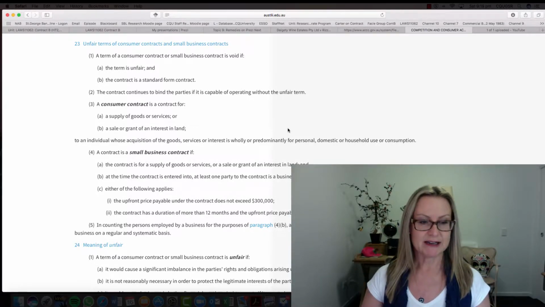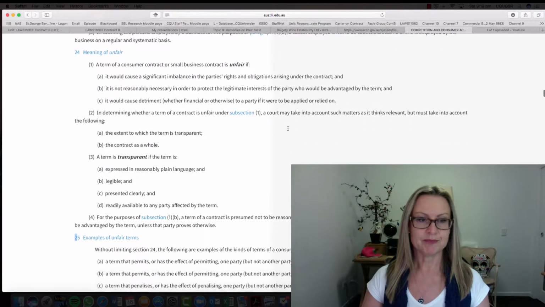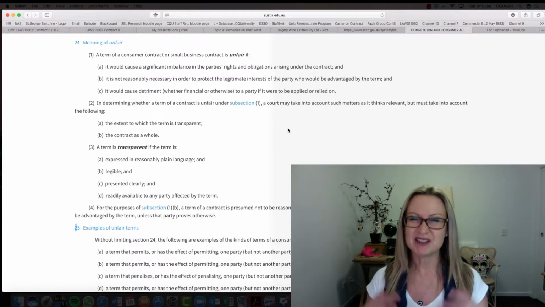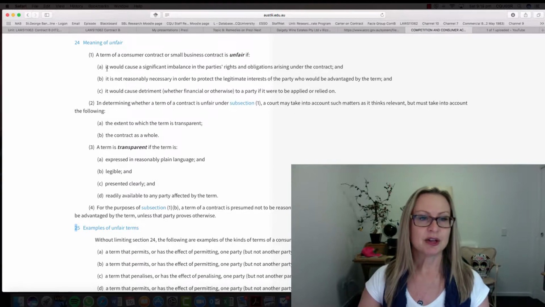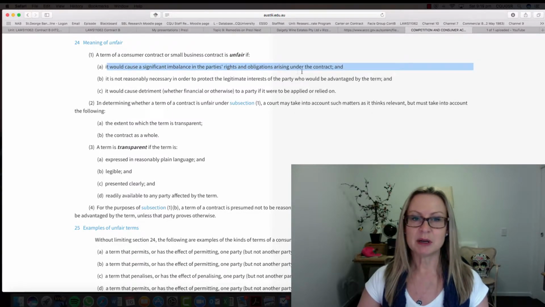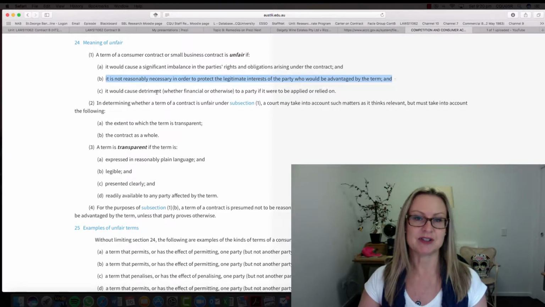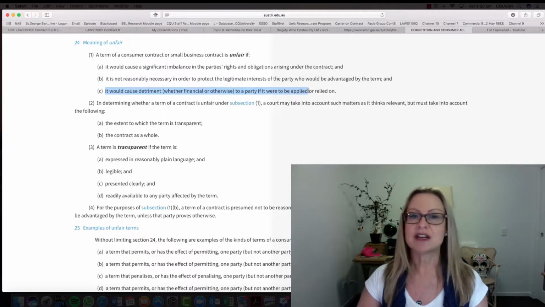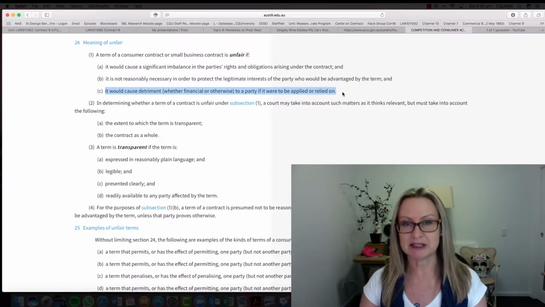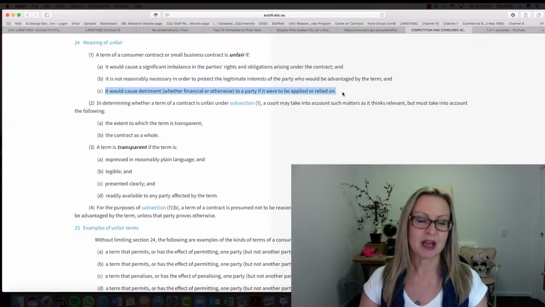So then we look down at section 24, and it generally means things that are fairly lopsided in favour of one party. So it would cause a significant imbalance in the parties' rights and obligations arising under the contract, not really necessary to protect the legitimate interests of the party who's going to be advantaged by the term, and it's going to cause detriment to the other party if it's relied on.